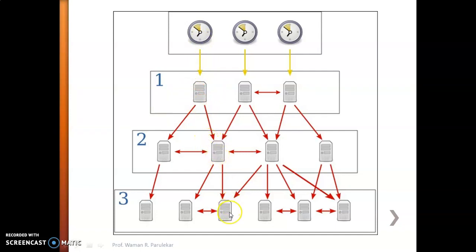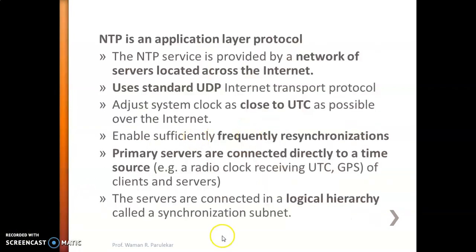That's why the tertiary server will also get the UTC time, and there is no need to contact the primary server. It can synchronize its clock as per the UTC time through the secondary server. That is possible.